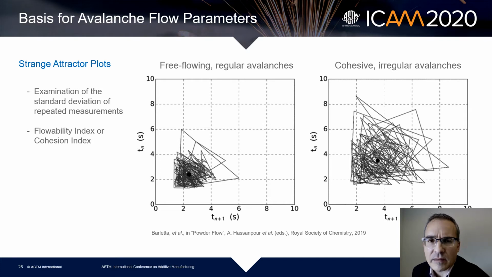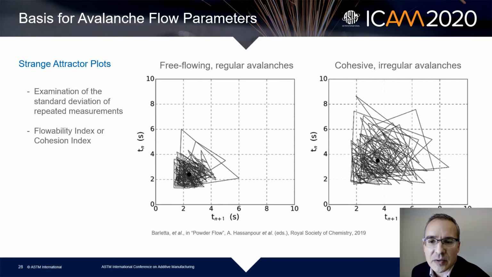The basis for all of these parameters lies basically in the amplitude and frequency of how regular or irregular the avalanches are. And that's why all these techniques look at on the order of 100, sometimes more avalanches and average the results, because what they're doing is comparing not just one avalanche, but how all the avalanches spread out.